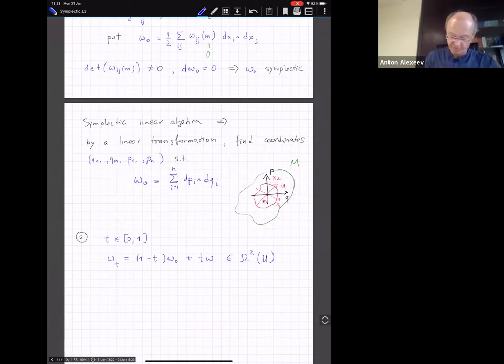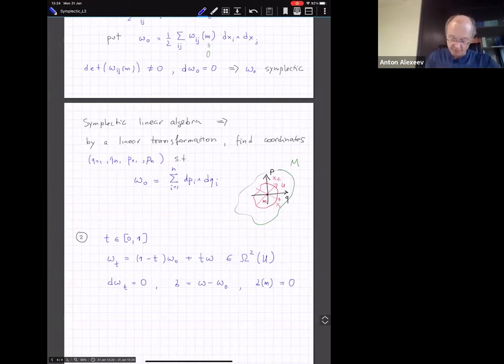Well, first of all, d omega t is clearly 0. Then I want to discuss how non-degenerate they are. Let me denote by sigma the difference between omega and omega naught. And notice that sigma at M is equal to 0, because omega naught was simply defined using the value of omega at M.